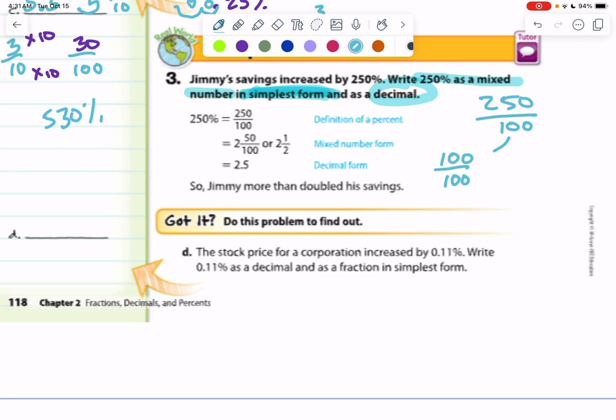But there's actually 200. So another 100 over 100. And then we have 50 over 100. So that is 2, and 50 over 100 becomes 5/10ths. 5/10ths divided by 5, top and bottom. That is 1/2. Oh, 2.5.